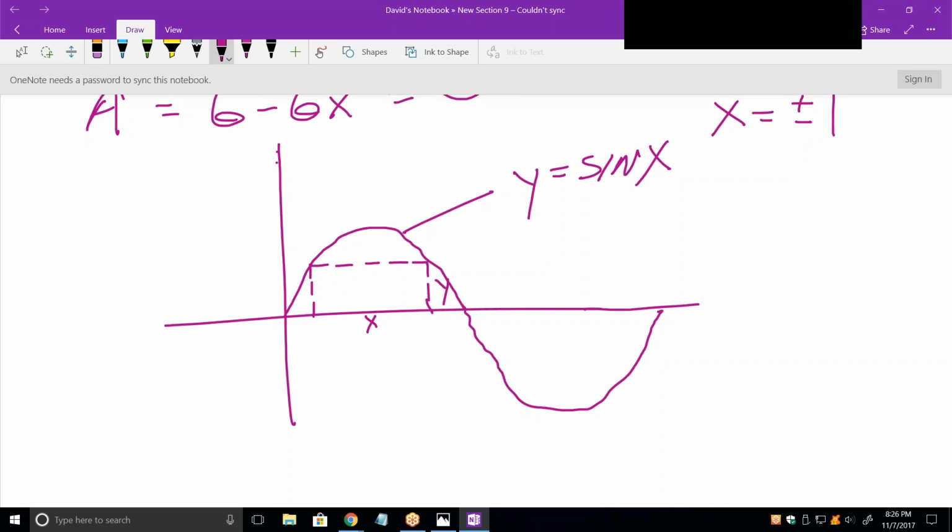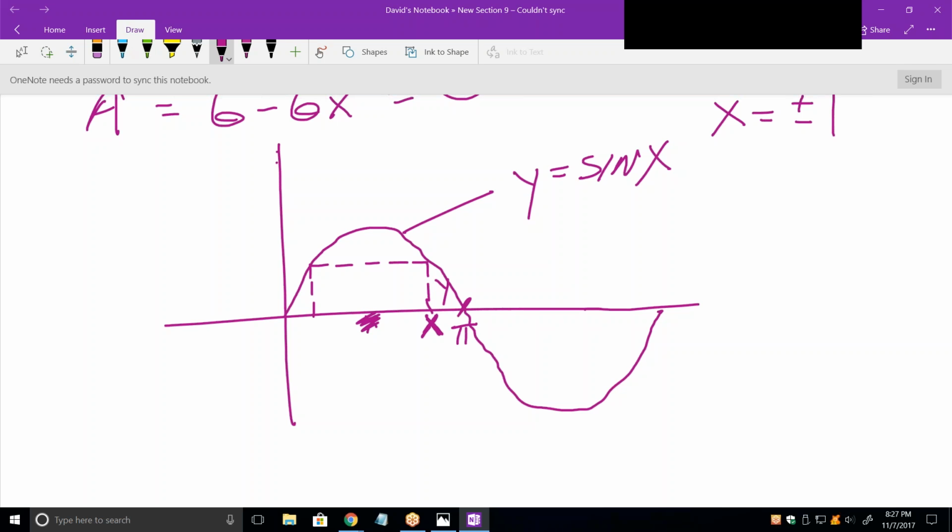I take the derivative of that. For some reason, I can't think of the problem that I'm trying to think of. I keep coming up with boxes here. If I make that dimension x, that point, then this is pi.